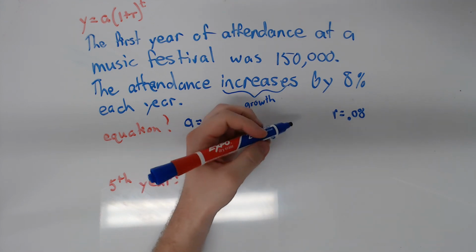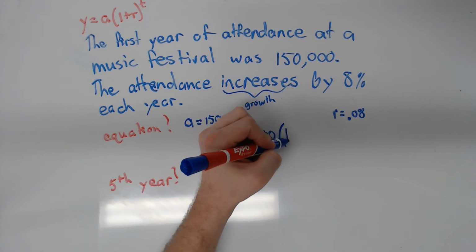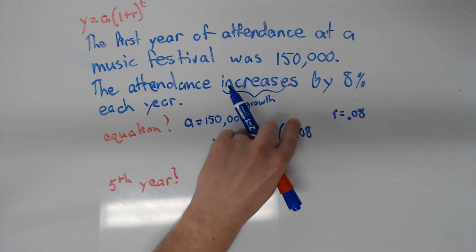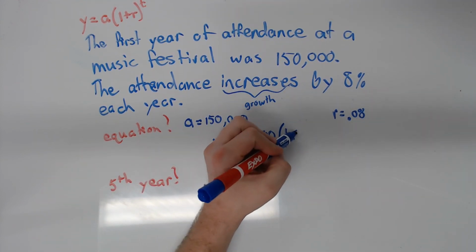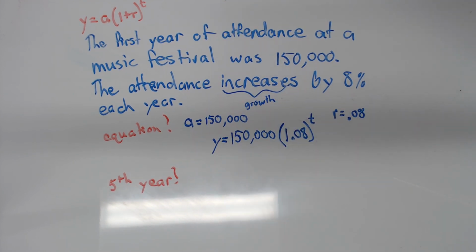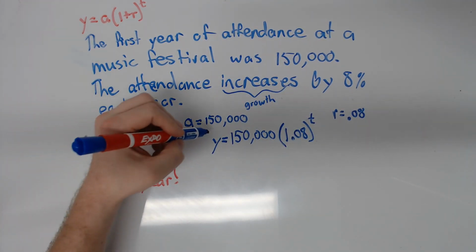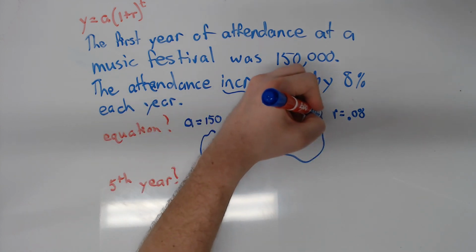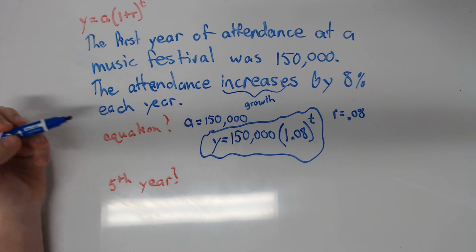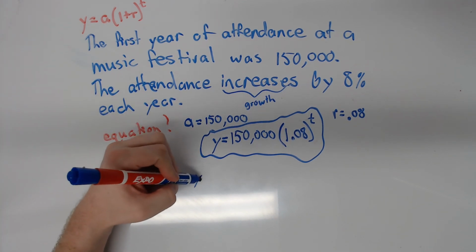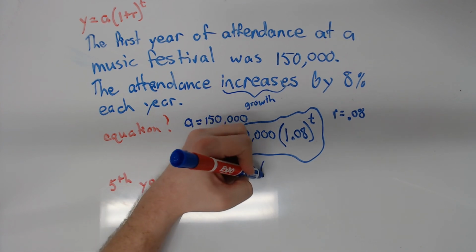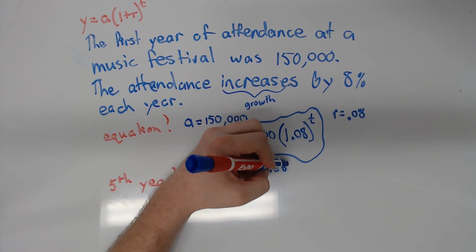So then in my parentheses, it's going to be 1 plus 0.08, which I'm more than happy to just write as 1.08 to the t. T is going to represent the years that pass. So this is the answer to what is our exponential equation. For the 5th year, that's just our exponent. So we're going to multiply by 1.08 5 times.